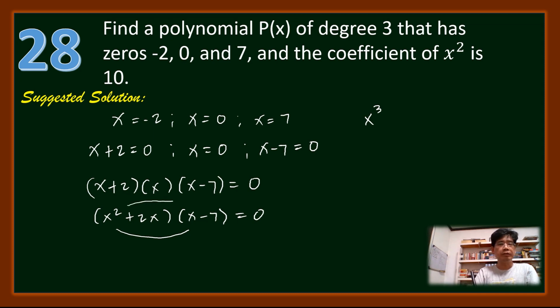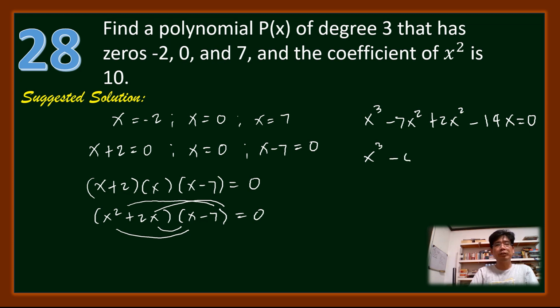X squared times negative 7 is negative 7x squared. 2x times x is positive 2x squared. And then 2x times negative 7 is negative 14x equals 0. We have x cubed minus 5x squared minus 14x equals 0.